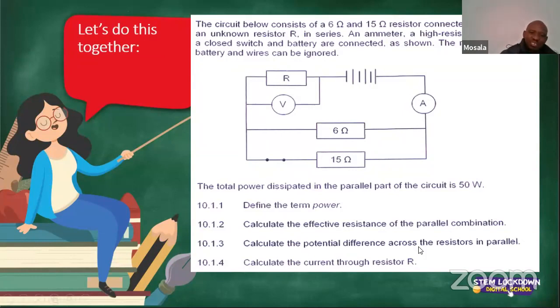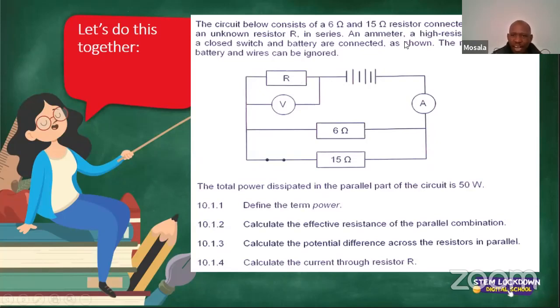Now, let's try to deal with this particular problem here. The circuit below consists of a 6 ohm and a 15 ohm resistor connected in parallel. They are also in series with resistor R, with unknown resistance.